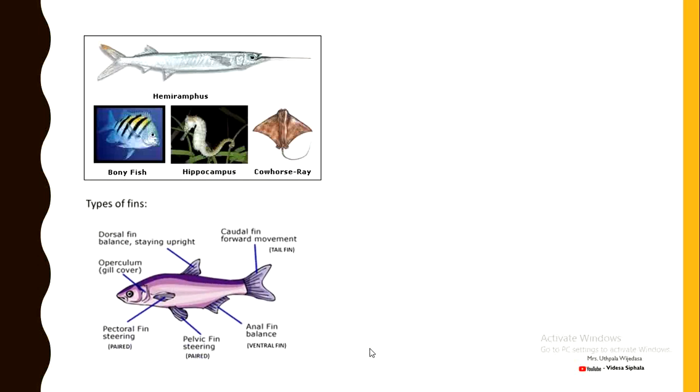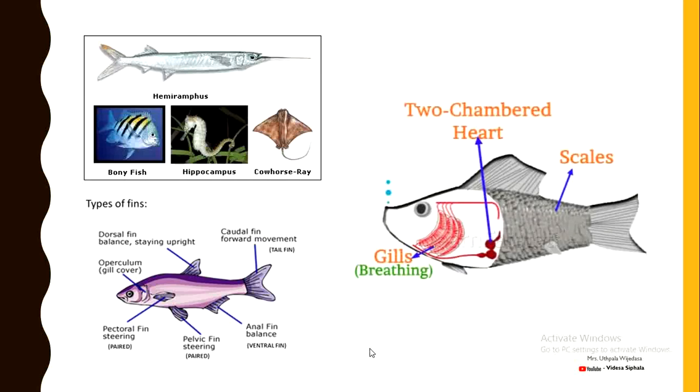Their habitats are aquatic environments, either freshwater, marine or brackish water. They possess an endoskeleton, an internal skeleton, which is made of either bones or cartilages. Their skin possesses scales, and there is a lateral line which helps them to detect vibrations in water.